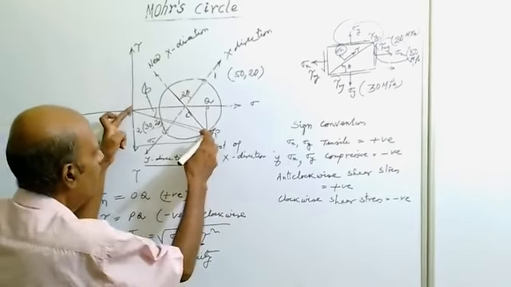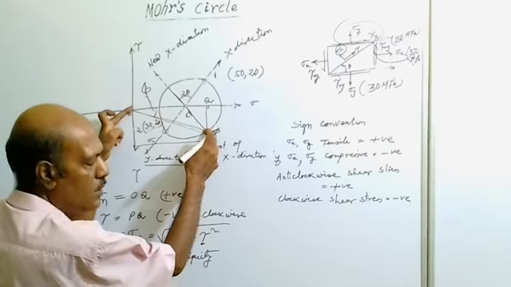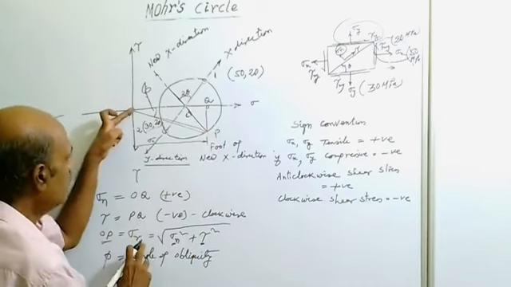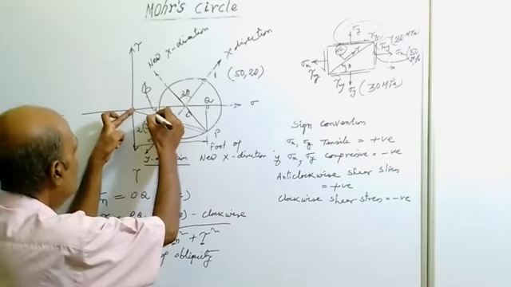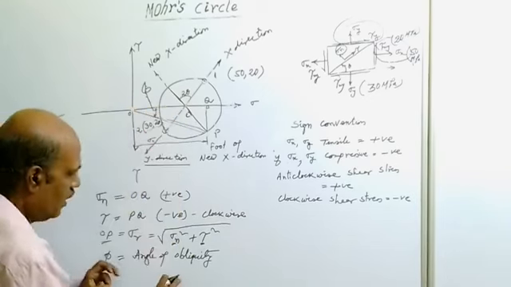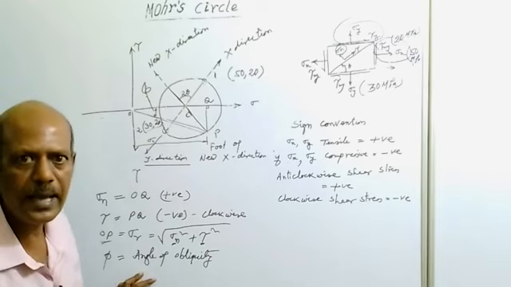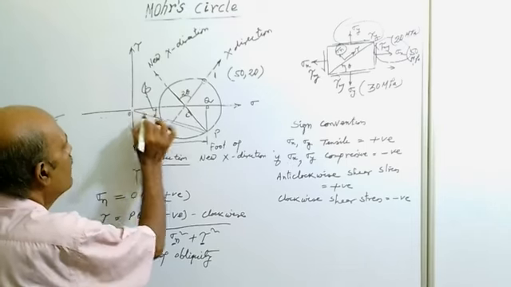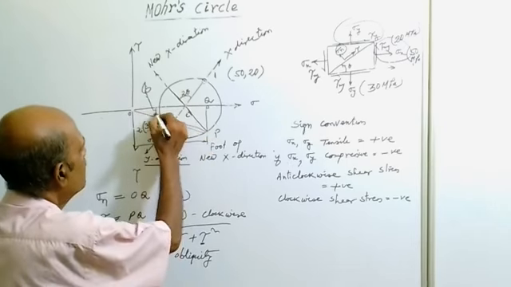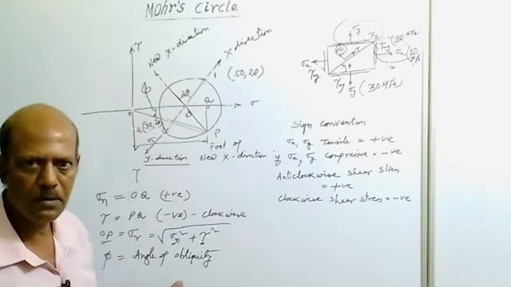Join OP or measure OP distance, that will give you sigma r value, and measure this angle, it is called angle of obliquity. What is angle of obliquity? It is the angle made by the resultant stress with sigma axis. It's called angle of obliquity.